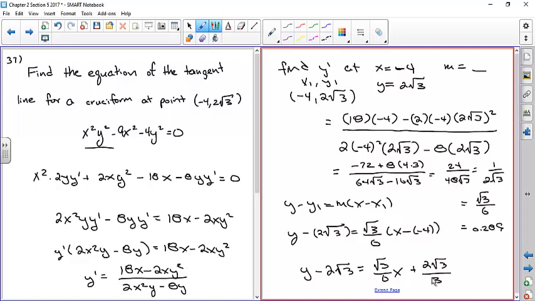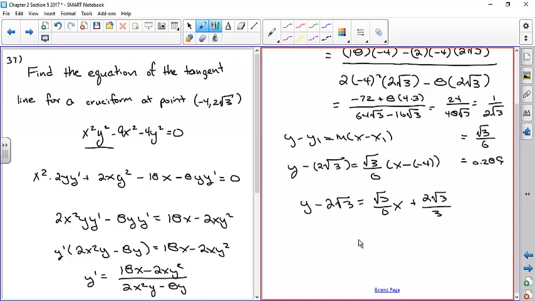And then if you add this to both sides, so that's 2 is 6/3. 6/3 plus 2/3 is 8/3. So plus 8 square root of 3 over 3. I think that's right.